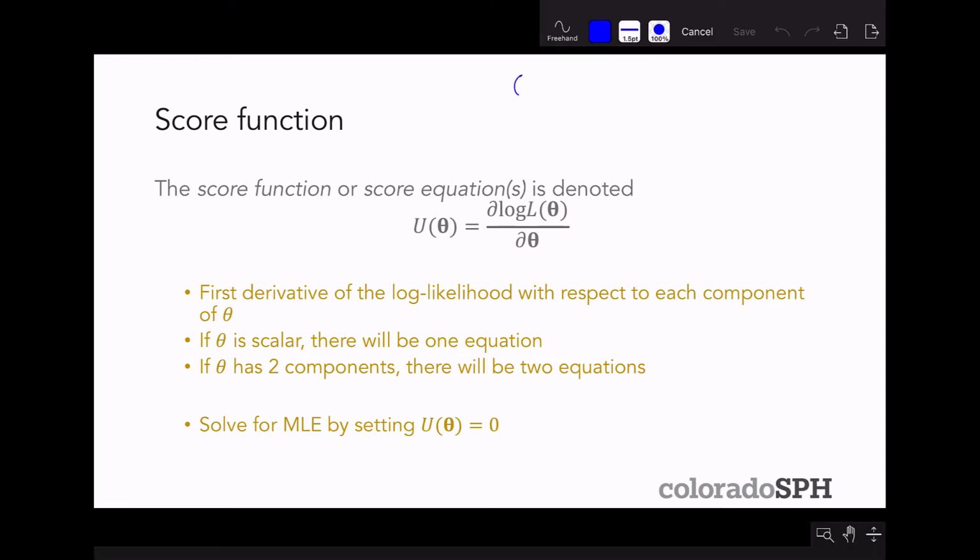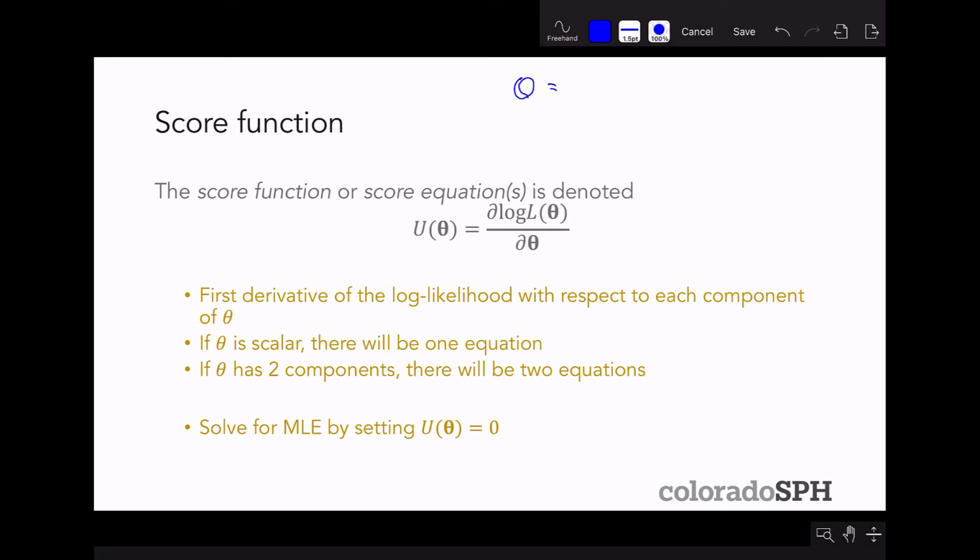If theta has multiple components, meaning theta equals some vector of theta 1, theta 2, etc. up to theta p, if you have p parameters, then the score for theta 1 would be U(theta 1), the partial derivative of the log likelihood of theta with respect to theta 1.